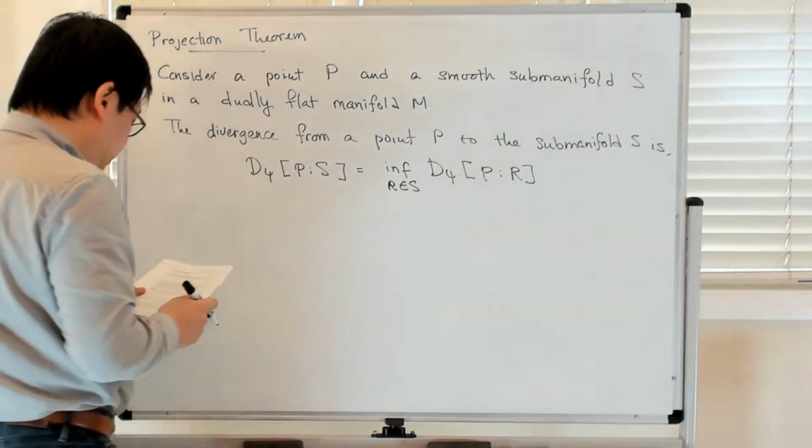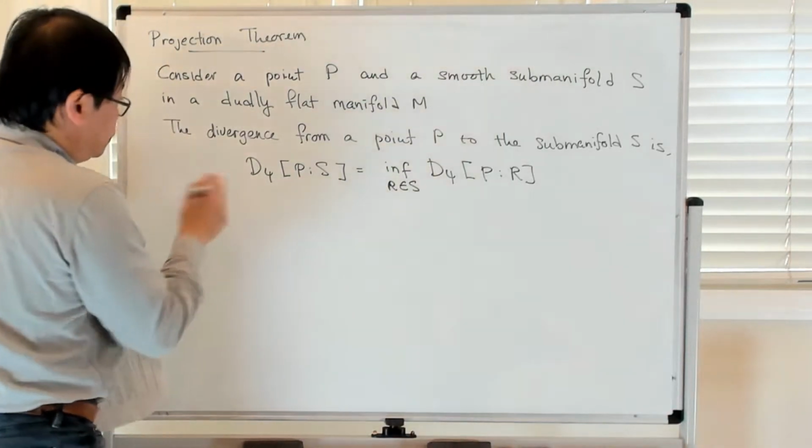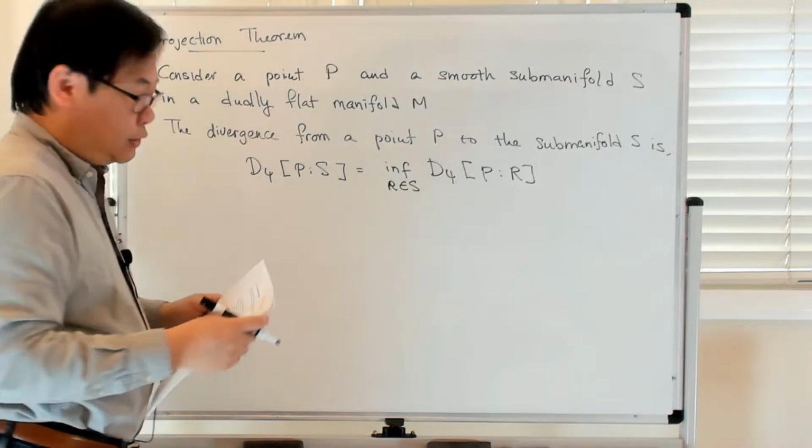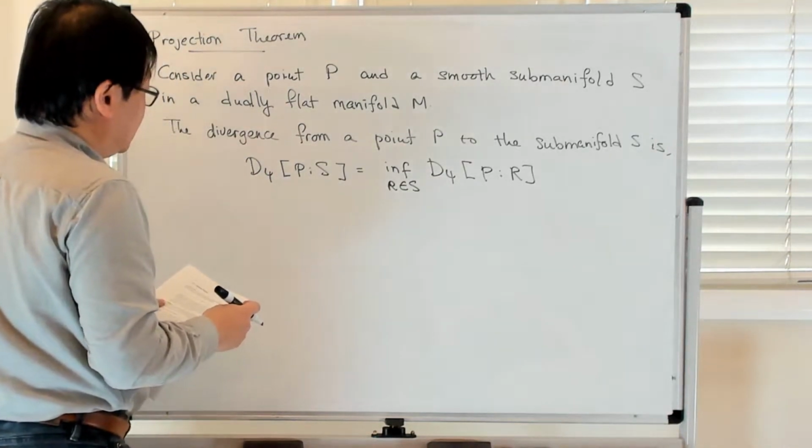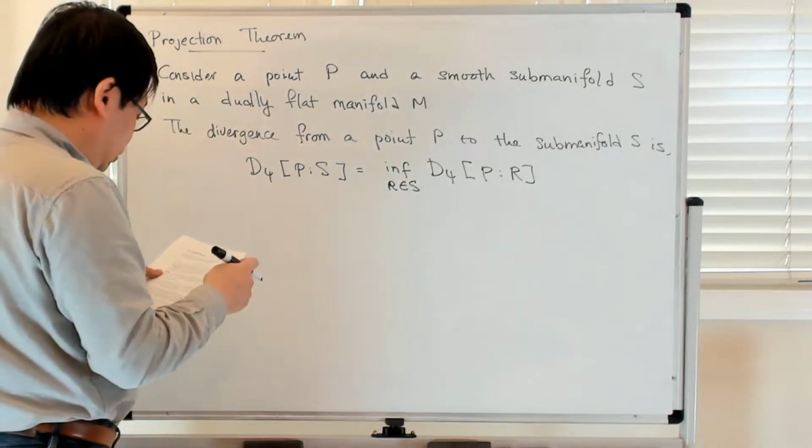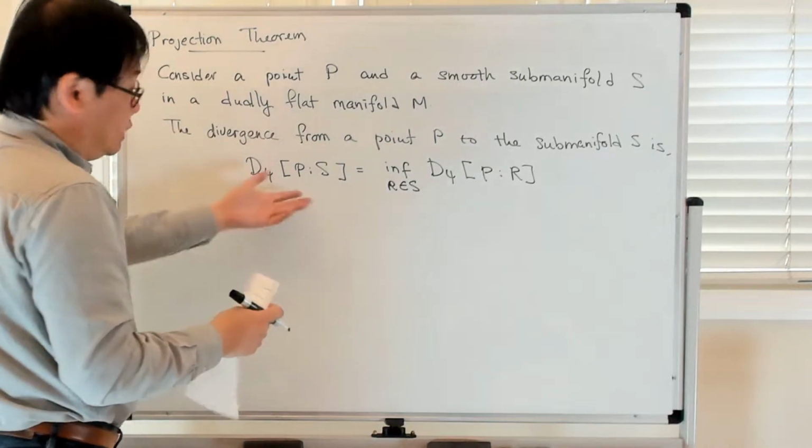Okay, so once you have that, it's natural to find a point on S which is the closest in the sense of divergence.